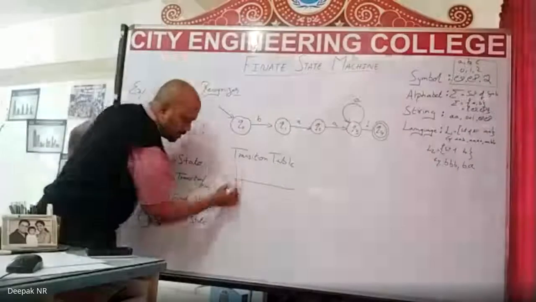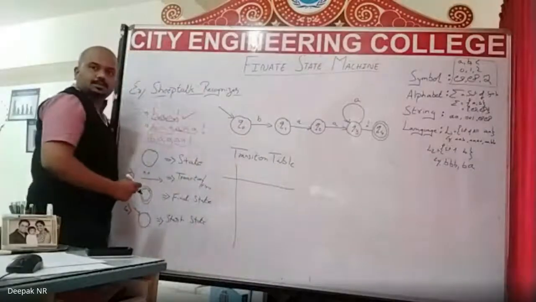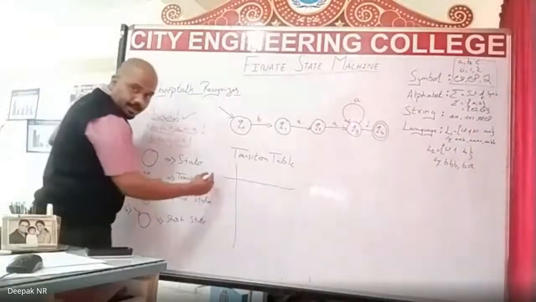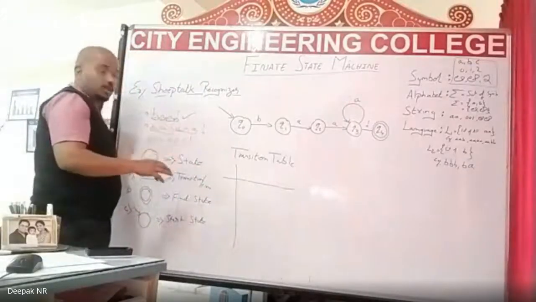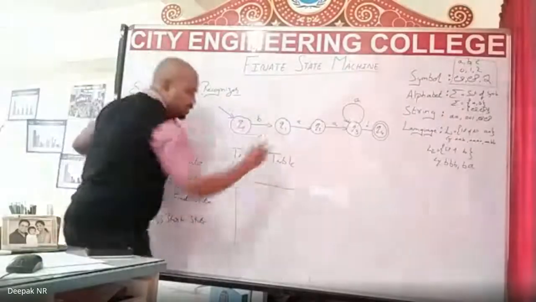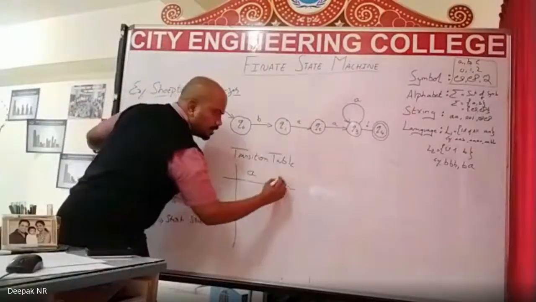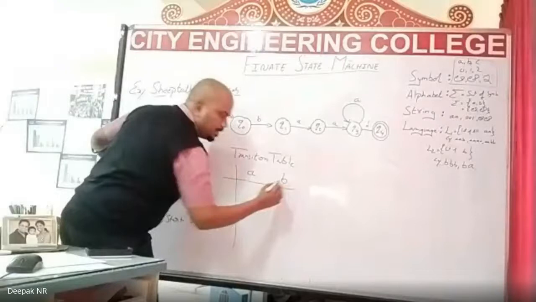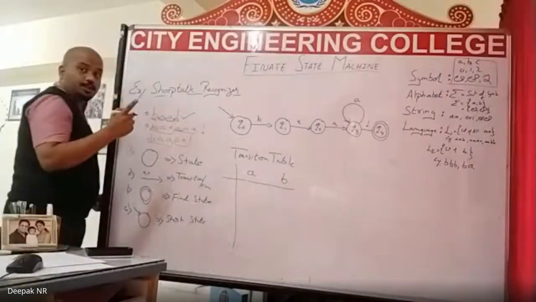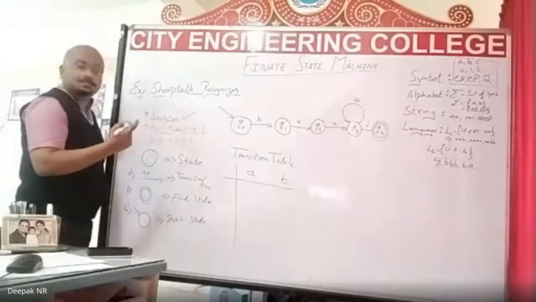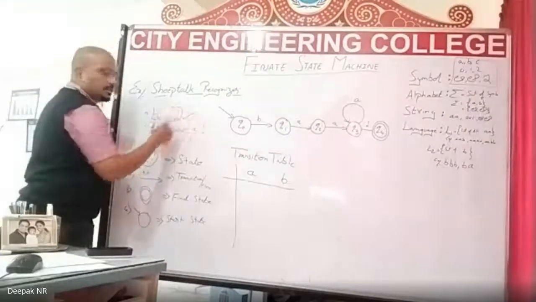It is represented like this. Here I write the column names as symbols. What are the symbols used to design this? There is a symbol called A and a symbol called B. If you remember, there is one more symbol, the last one: exclamation.